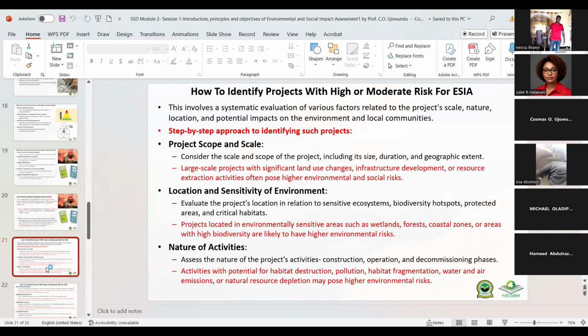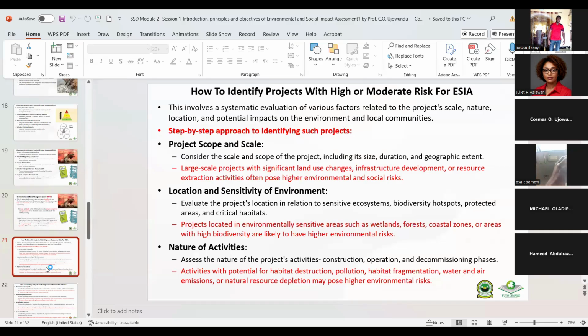The location of your project is also very, very important. If you look at projects that are situated within what we call a sensitive environment, or an environment within biodiversity hotspots or protected areas, they are usually high risk. Next is the nature of activity. It assesses the nature of project activity like construction, operation, and decommissioning.